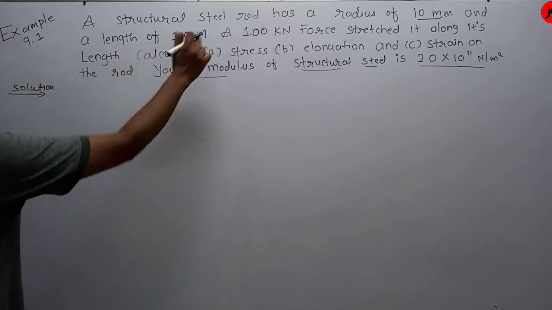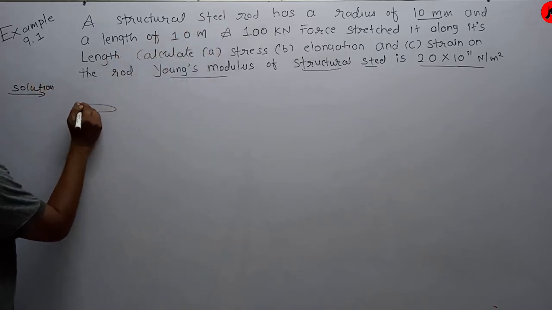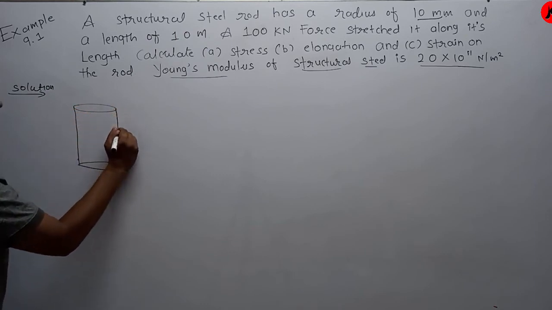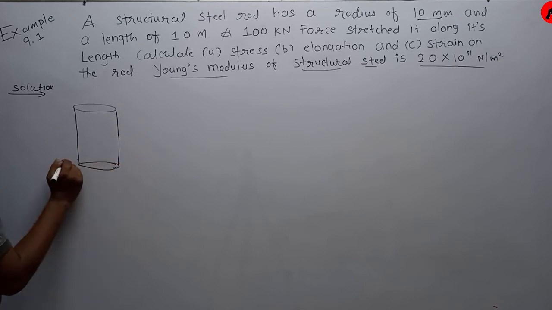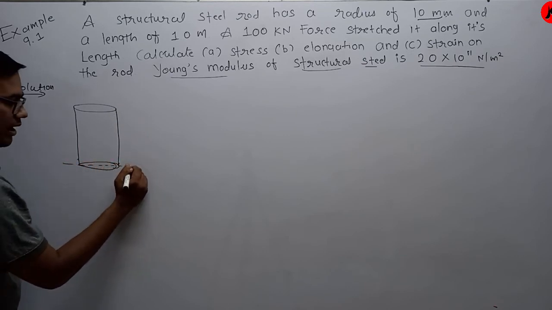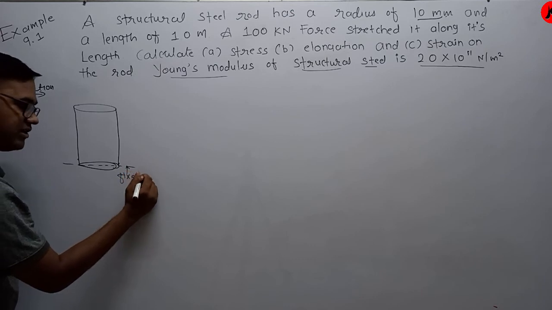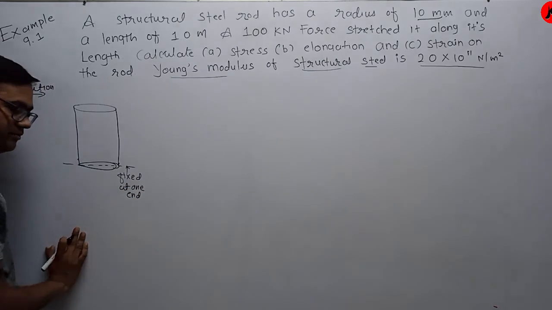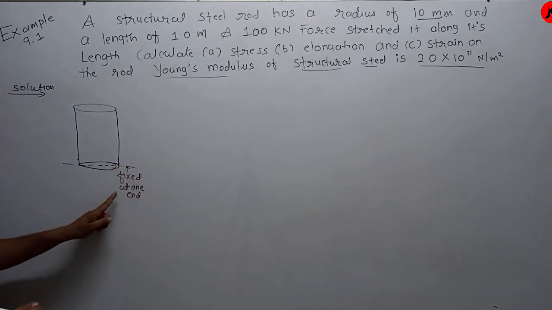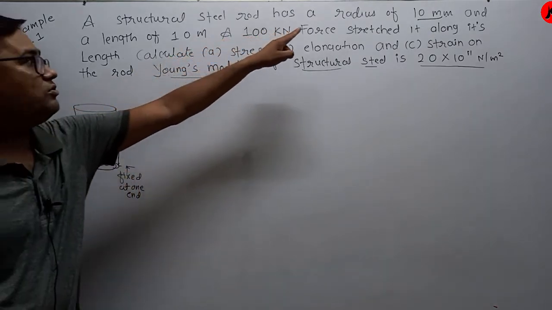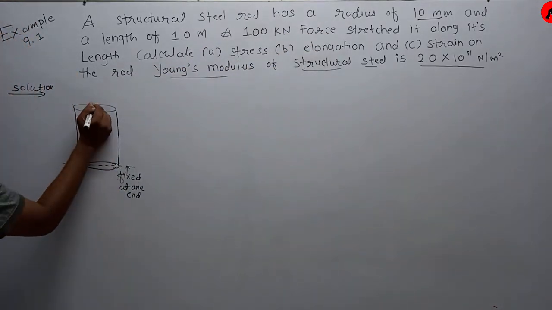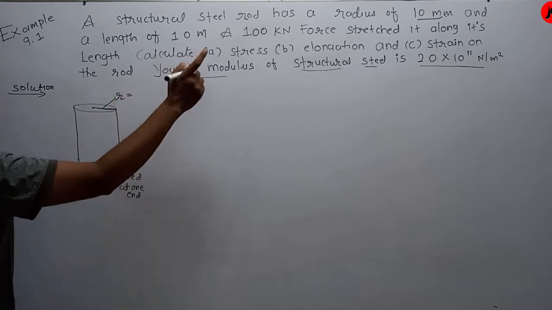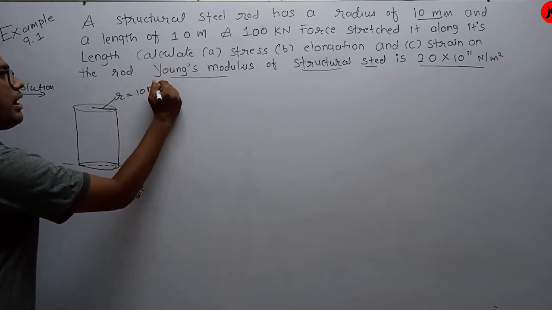So first of all, what do we have? Here we have a steel rod. So let's draw the steel rod first. This is one steel rod, which is clamped at one end, which means it is fixed at one end. And here we have the radius of the steel rod, which is r equal to 10 mm.